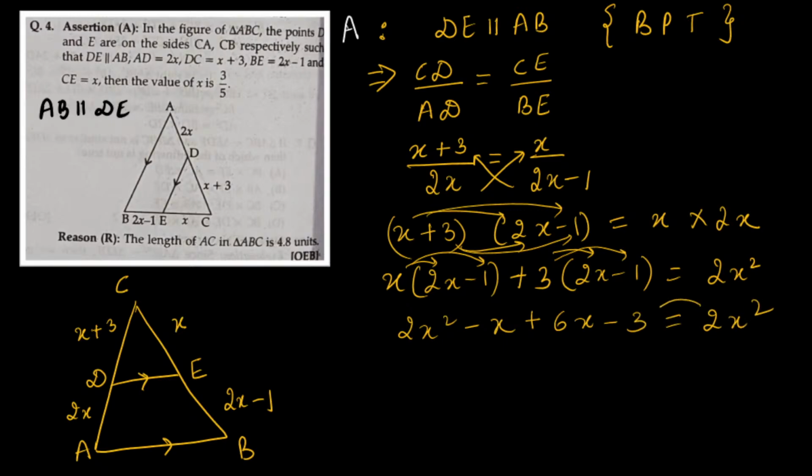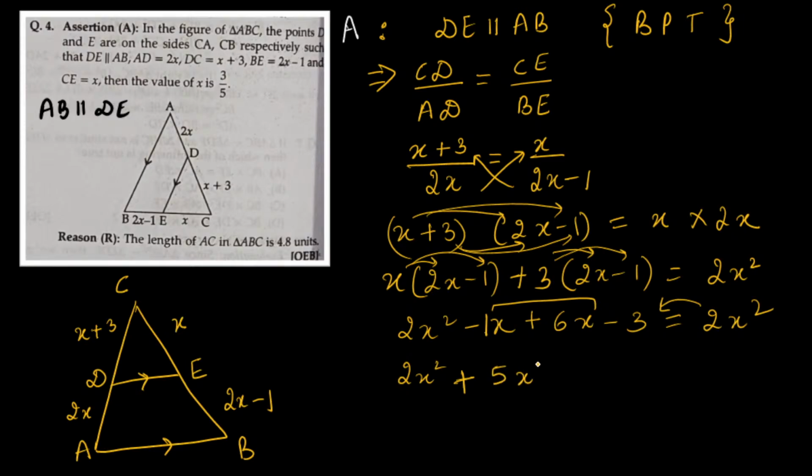Let's shift this 2x square also to this side because we have to find the value of x. So 2x square minus x. These two are like terms. So x means 1x. 6 minus 1 is plus 5, because the sign is of the greater number, and with 6 we have a positive sign.